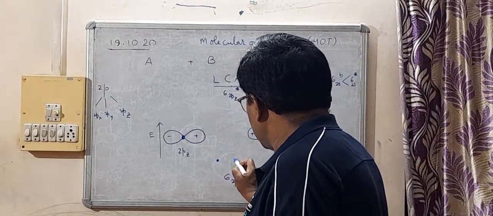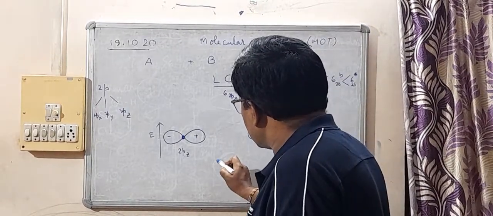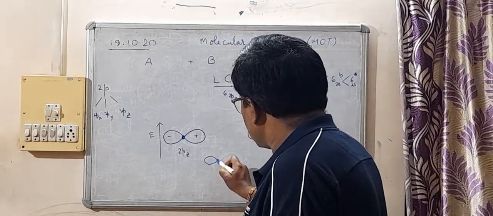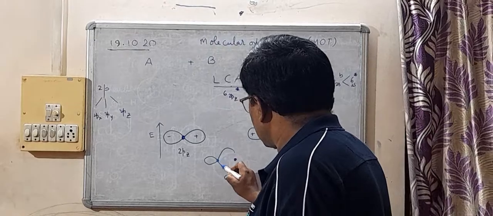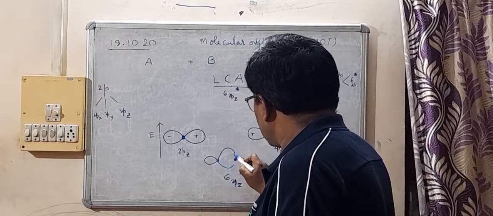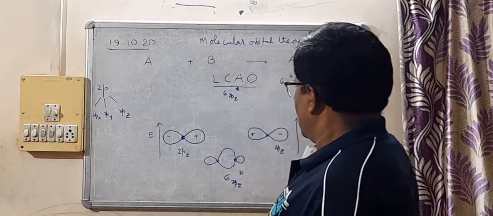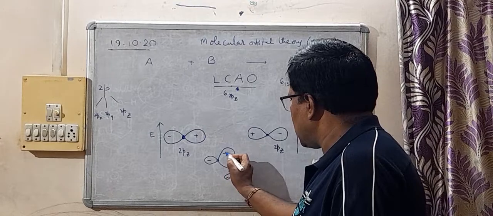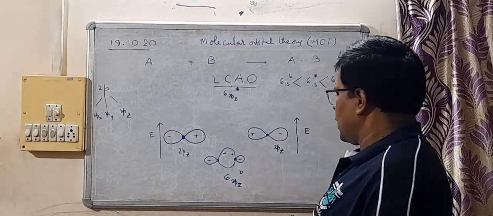These are the two nuclei, and so this is minus, this is plus, this is also plus, this is minus.